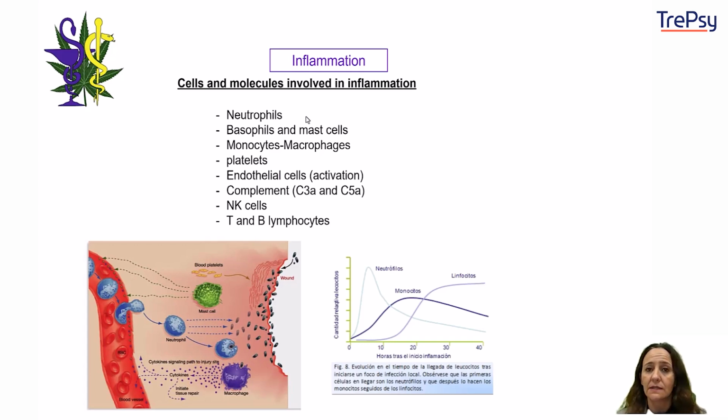Also, platelets are activated, and coagulation can be raised in the tissue, along with other innate system mechanisms such as complement activation or NK cell activity. Finally, in the end, T and B lymphocytes can reach the tissue and help fight the infection.